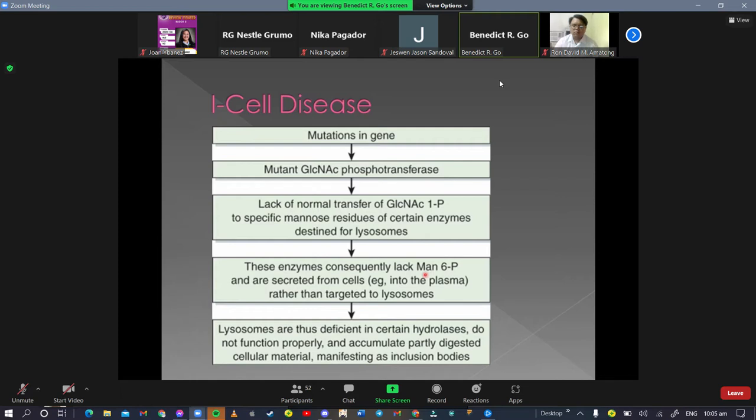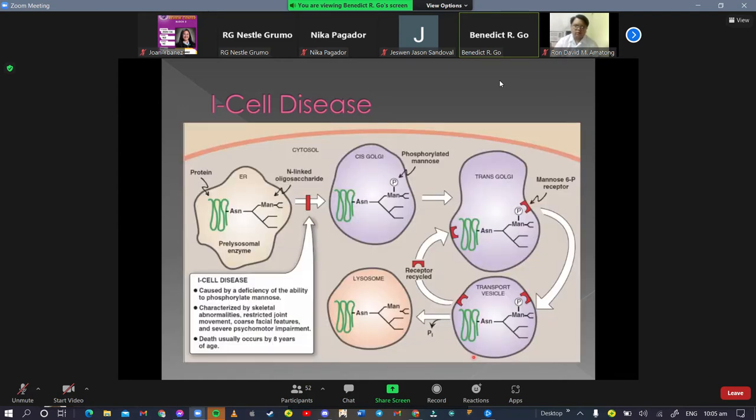So what happens when you have proteins which are digested and you have deficient hydrolases or proteolytic enzymes? They don't function properly and they accumulate in the lysosomes, manifesting as inclusion bodies. In your histo lab, you're going to find various inclusion bodies, more specific than this. Again, there is a problem with phosphorylation of mannose 6-phosphate.